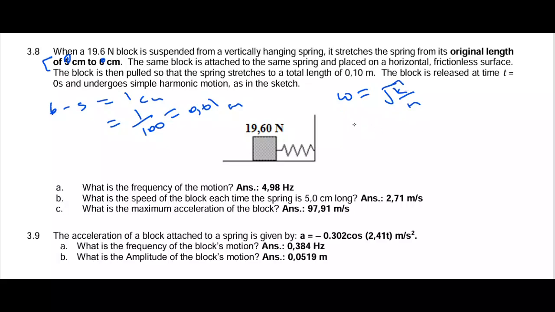The k is the force divided by the displacement of the spring, so k equals 19.6 divided by 0.01. You're going to get 1960. It's not Newton per meter at this point, so let me not confuse you.